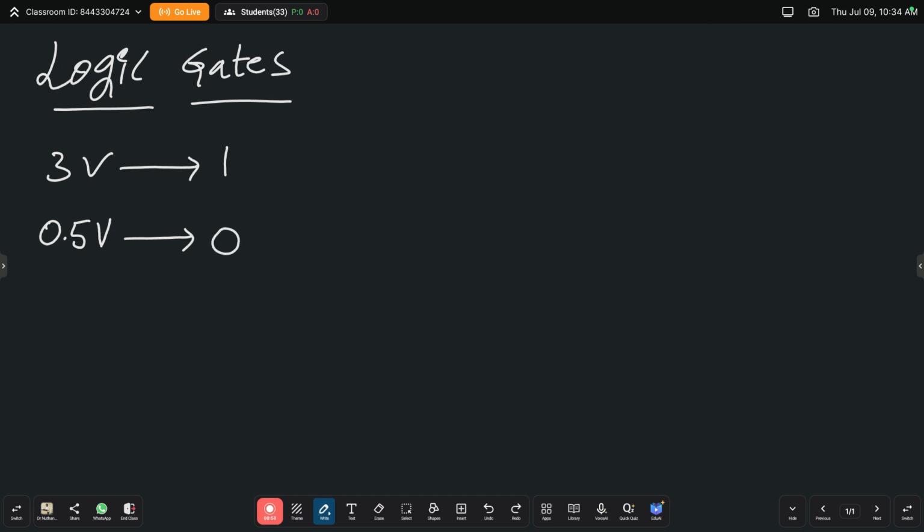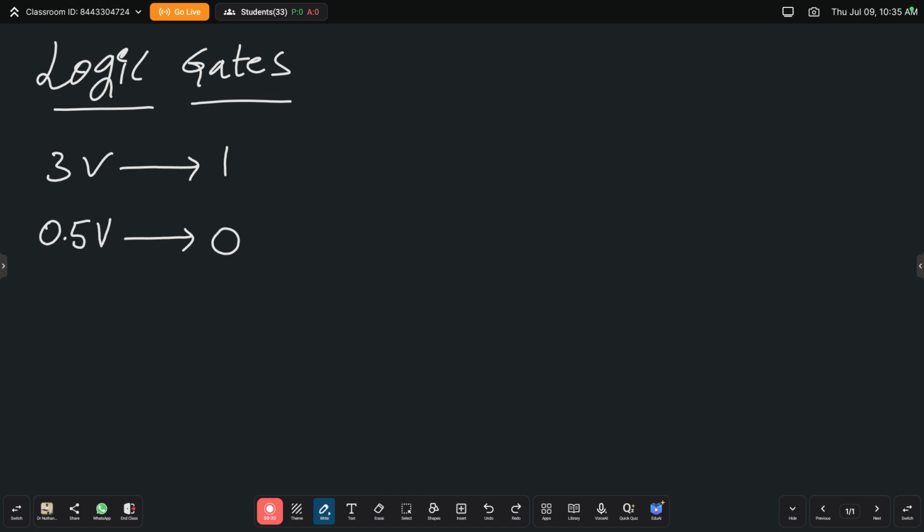As we discussed in the last class, a high voltage signal will be represented as a 1, and a low voltage signal the machine is going to represent as a 0. This is just an example I am giving, and it will be decided by the machine. Are you clear?